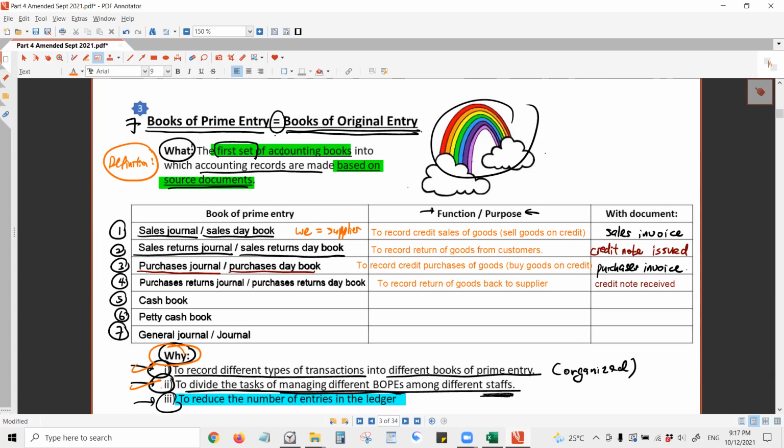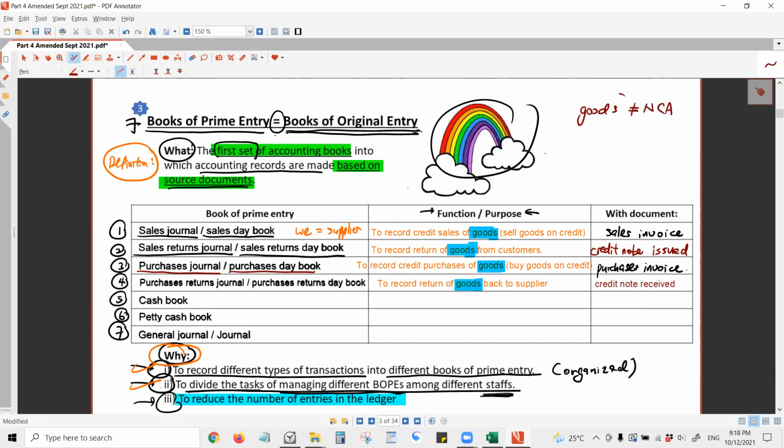And one thing I want you to know is to notice the word goods. You know what goods are? Goods are inventory, things that you buy and sell in the business. I think I've explained to you before, goods are not NCA.